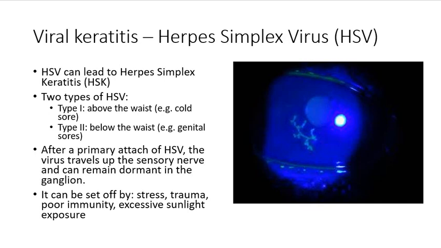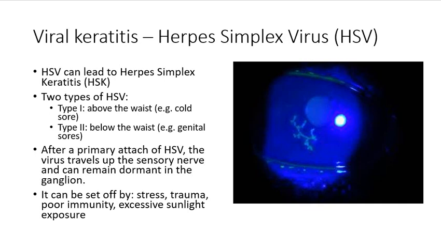So what happens after a primary attack of herpes simplex virus? The virus travels up into the sensory nerve, and it can remain dormant in the ganglion of that nerve. And eventually it's set off by things like stress or trauma or poor immunity. If you have a cold and then you develop a cold sore, which is why we call herpes simplex virus type 1 cold sore, or excessive sunlight exposure can also trigger the dormant virus to rear up and cause the cold sore.